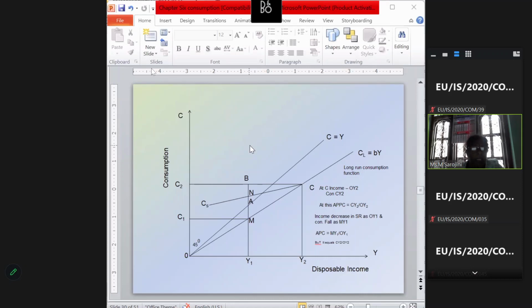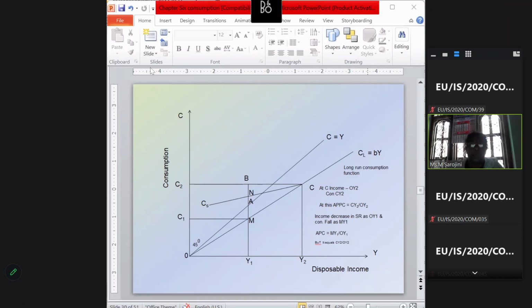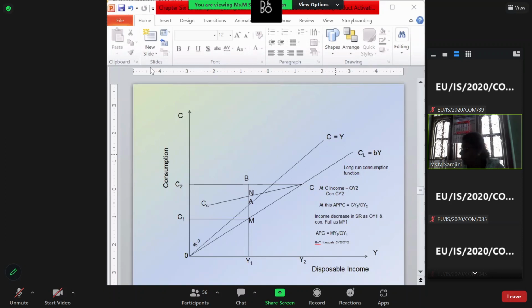The 45-degree line explains that C is equal to Y, that means consumption is always equal to income at each and every point on this line. And here CL, the line, indicates the long-term consumption curve.